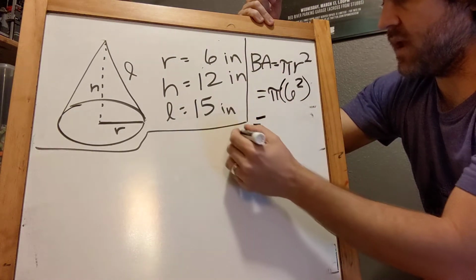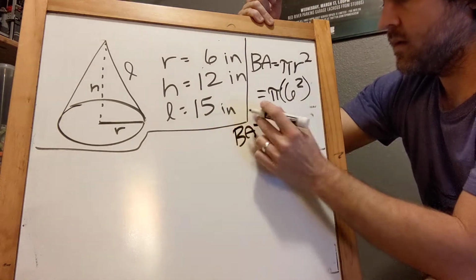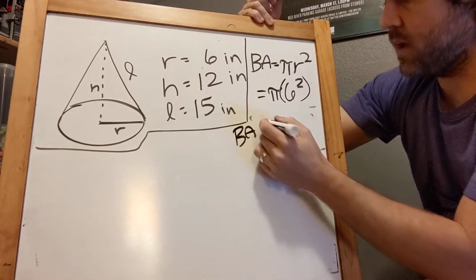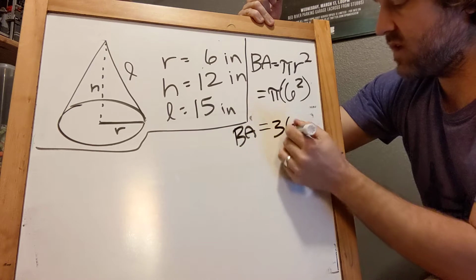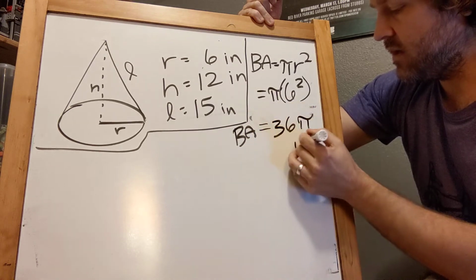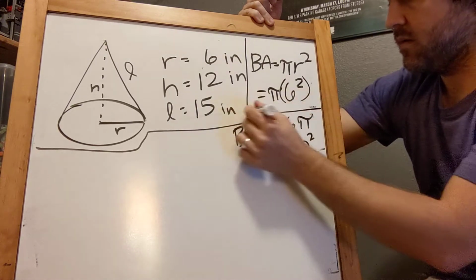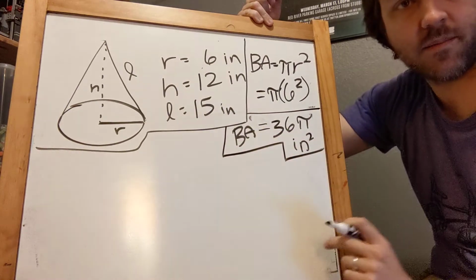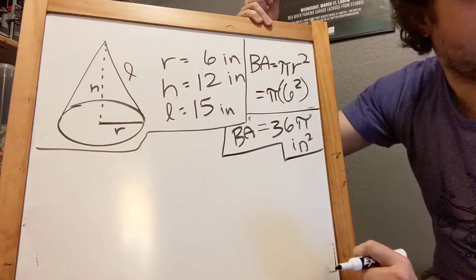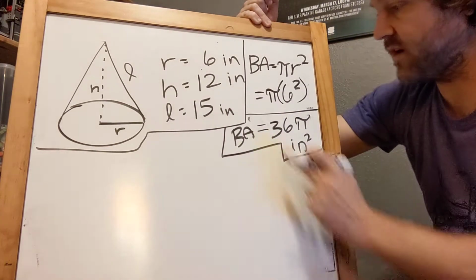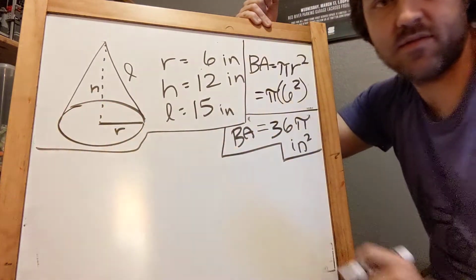And so we get a base area of 36 pi inches squared. So let's save that right there. That's the first thing we need. That's part of the total surface area. That's just the area of the circular base.